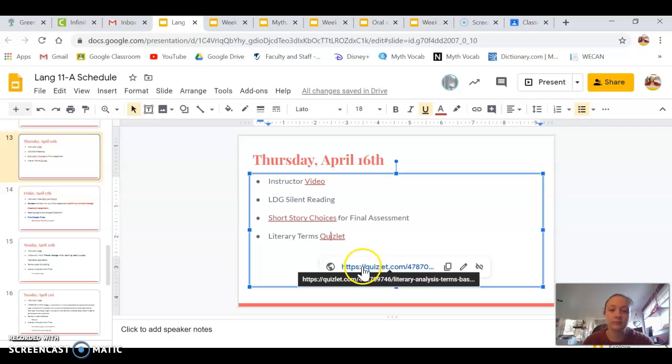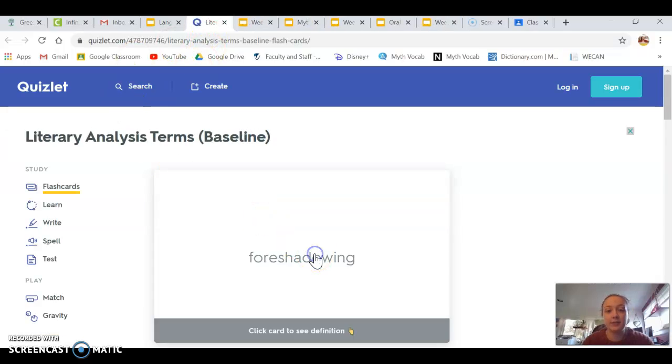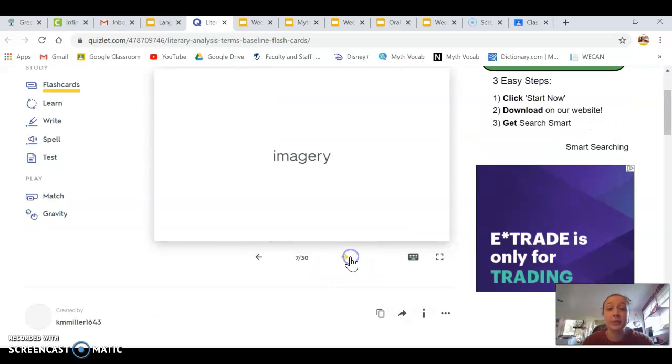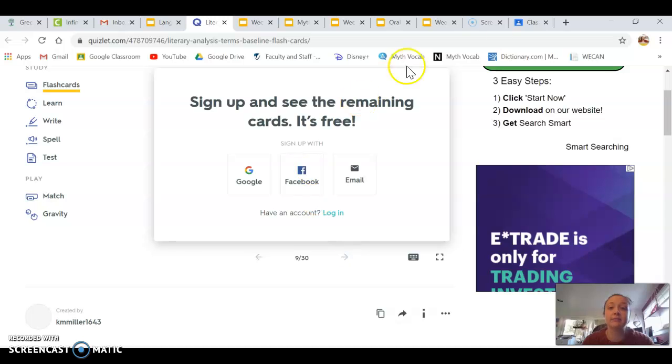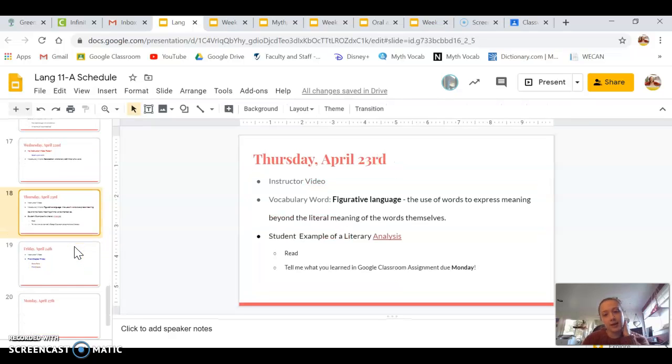Quizlet. This is just the Quizlet thing, but then there was also that document. So it has foreshadowing, hyperbole, imagery, irony, etc. Going back to today. So yeah, that's the word of the day. You can copy and paste this right into your document, and then you are good to go for today's vocabulary word.